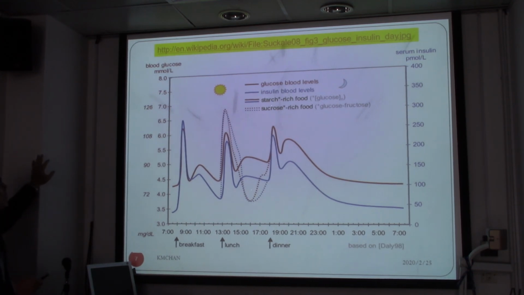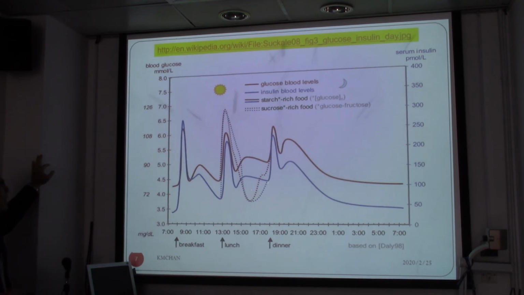If it's starch-rich food or sucrose-rich food, sucrose is a disaccharide that would make glucose and fructose. So you can see that the sugar level is higher, the glucose level would be high, and at the same time the insulin level would be high.